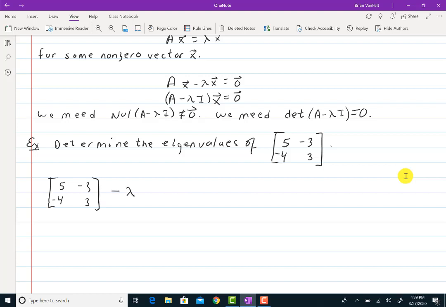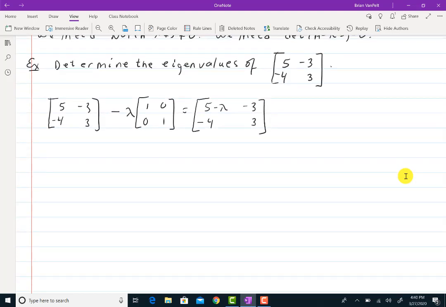we subtract off lambda times I, and that works out to be 5 minus lambda, negative 3, negative 4, 3 minus lambda. So then we do the determinant of that item.